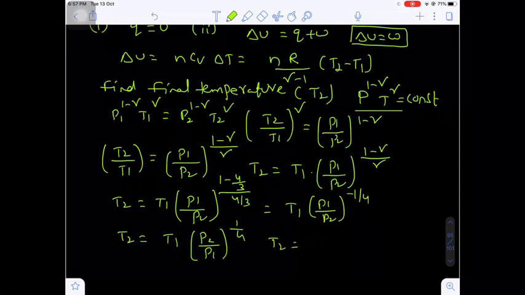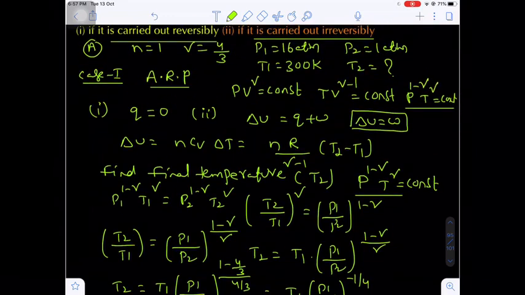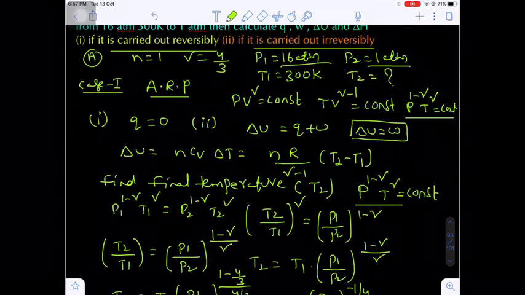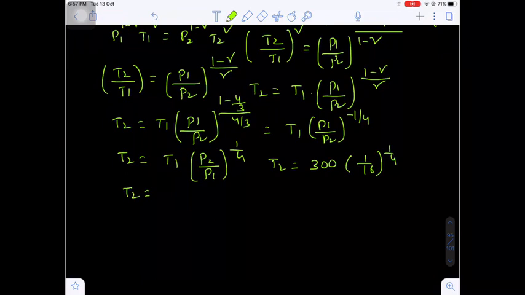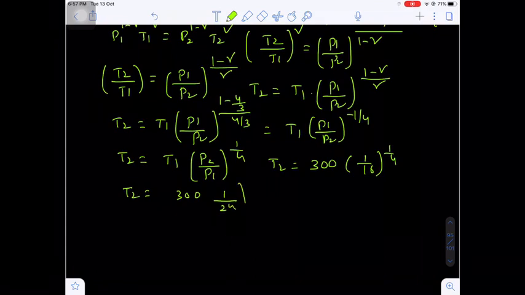Now here the T2 value equals, what is T1? 300 Kelvin. P2 will be 1 atm. Yes. P1 will be 16 atm. That means 1 upon 16 whole to the power 1 upon 4. So the final temperature T2 will be equal to 300 into 1 by 2 to the power 4, whole to the power 1 by 4.